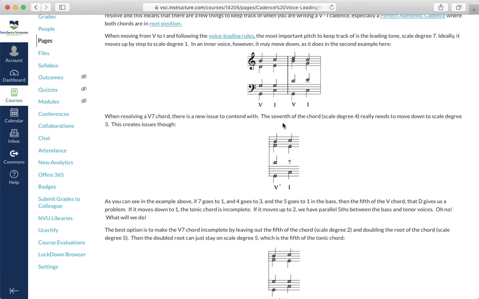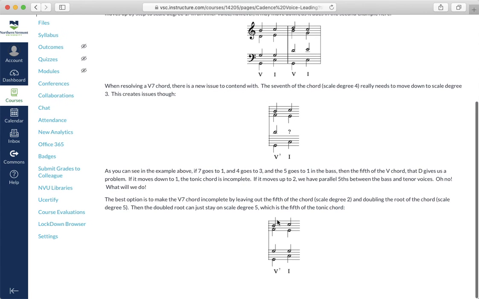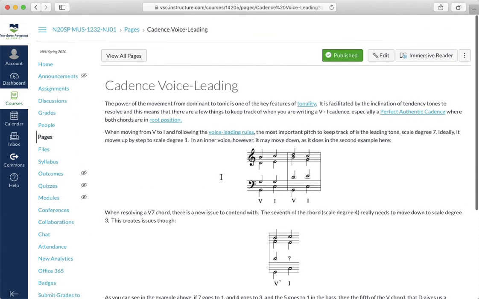You're gonna find yourself either with parallel motion or incomplete chords. The ideal solution is generally to make the 5/7 chord incomplete, to drop the fifth of the chord and double the root of the chord. So you have 2 scale degree 5s, then one of them can be maintained as a common tone when you move to the tonic.